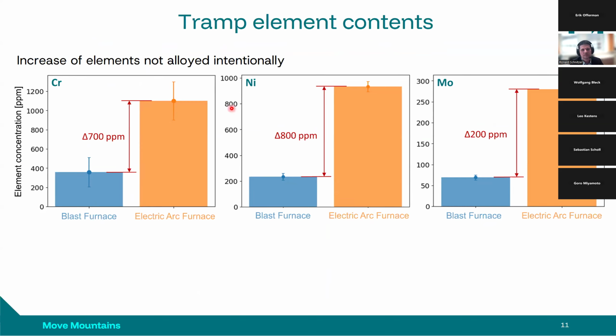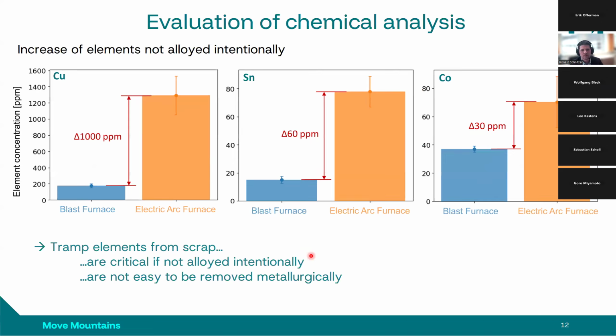You can see elements which are not intentionally alloyed, chromium, nickel, molybdenum, and from thousands of chemical analyses, you can see approximately the content after blast furnace production, and you can see the increased levels which result when you have high scrap rates using electric arc furnace production. So one can really expect an increased content of chromium, nickel, molybdenum. And the same is true for copper, tin, and cobalt.